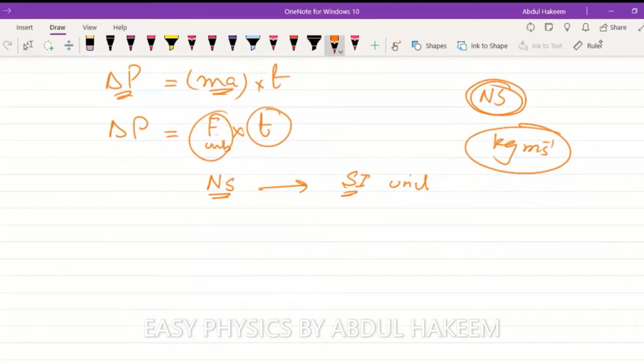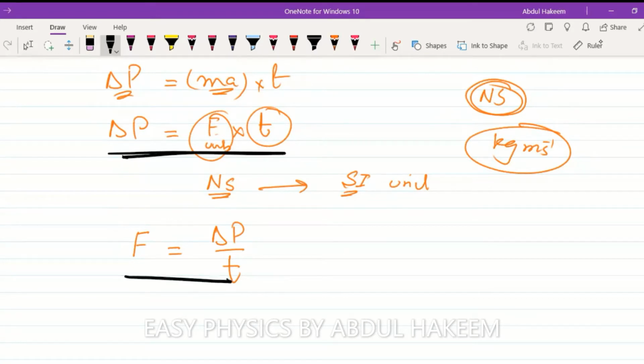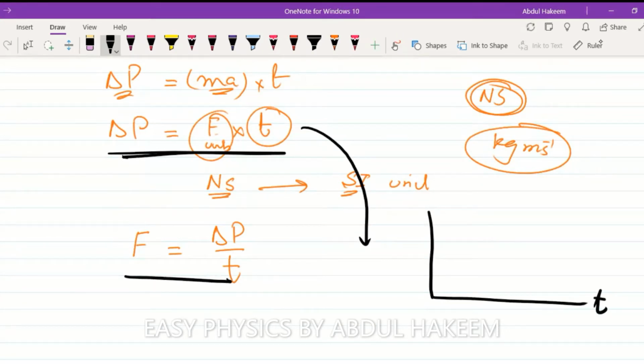Now this equation can be written as unbalanced force is equal to change of momentum divided by time. Now from these two relations, number one and number two: from number one, if the graph is plotted between time on the x-axis and force on the y-axis, then the area of the graph is change of momentum.